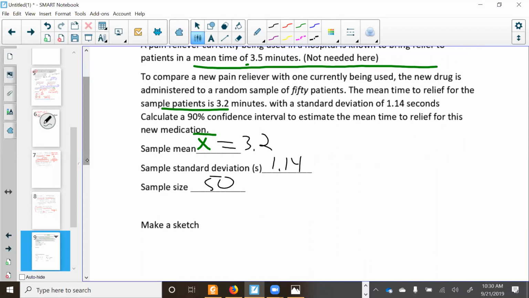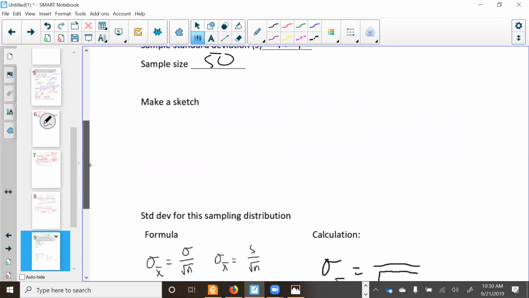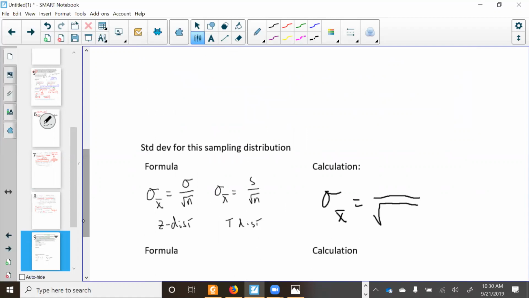Did I ask you this down below? Yeah, we'll skip the sketch for a minute. We already did this before. I think I just copied and pasted it. 1.14 over the square root of 50, and I don't remember what that was. You probably have access to that in your notes. So 1.14 divided by the square root of 50, I'm getting 0.161.